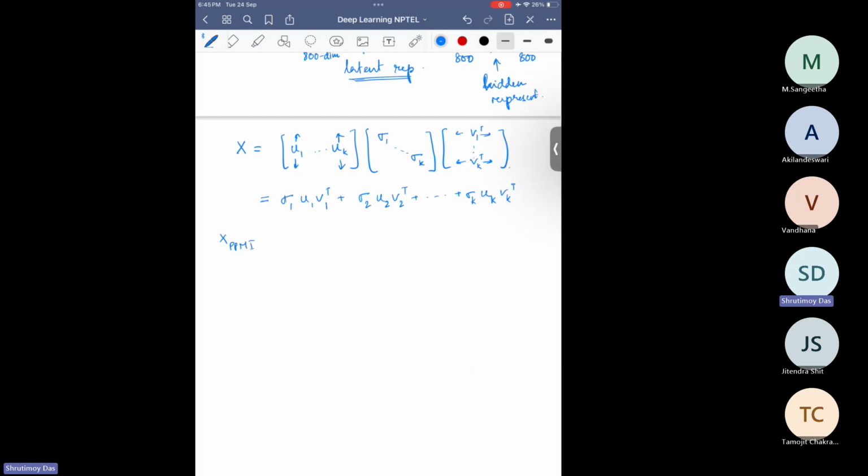Using this matrix, you do an SVD of X PPMI, and then you construct a low rank approximation of this. Say you get something, say X tilde here. And now you use the rows of X tilde.